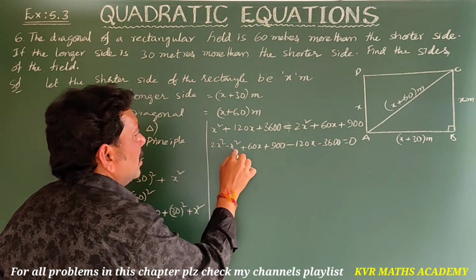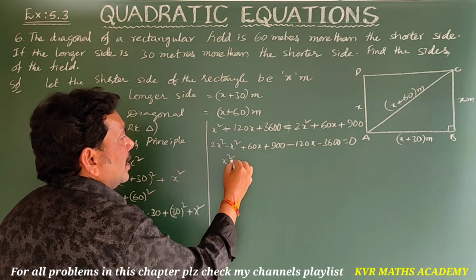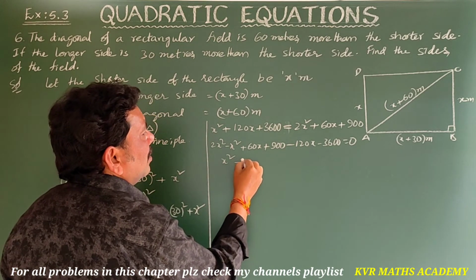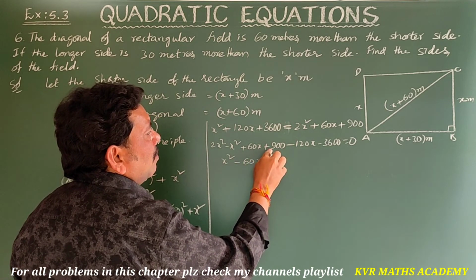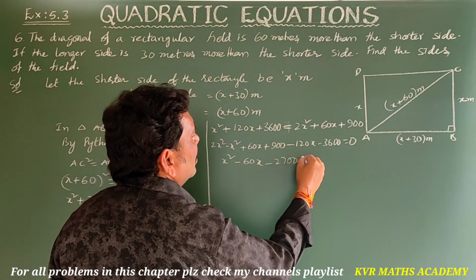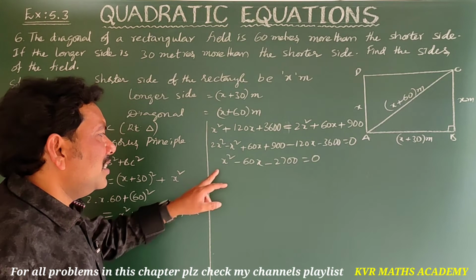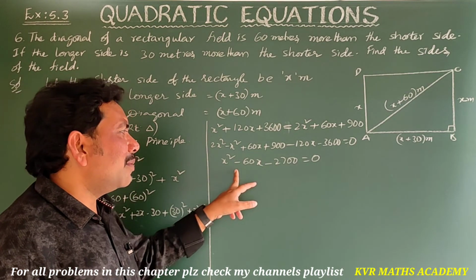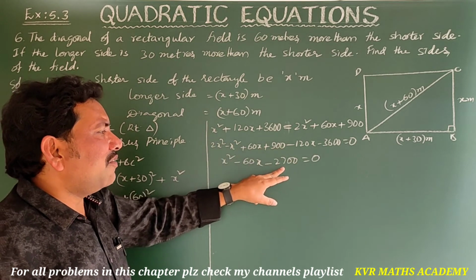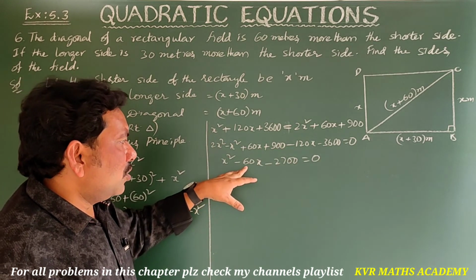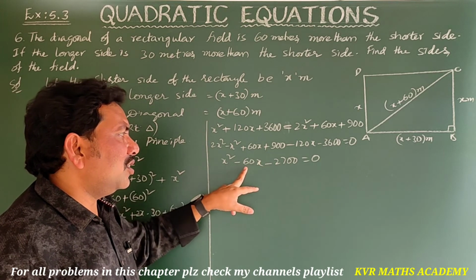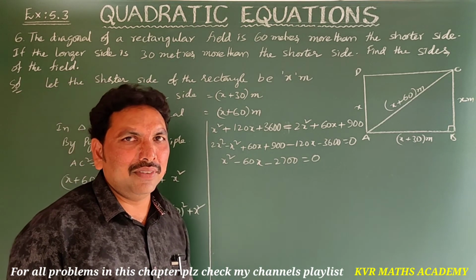Now simplify it. 2x square minus x square will be x square, plus 60x minus 120x is minus 60x, plus 900 minus 3600 is minus 2700, equal to 0. Now it is in the form of quadratic equation ax square plus bx plus c is equal to 0. So let us find the roots by the factorization method. Let us see whether it has roots or not.